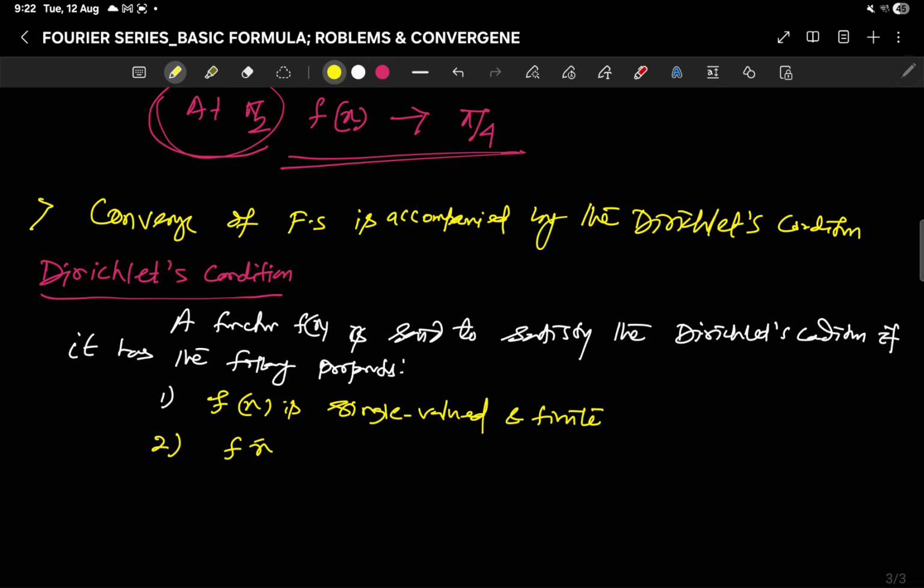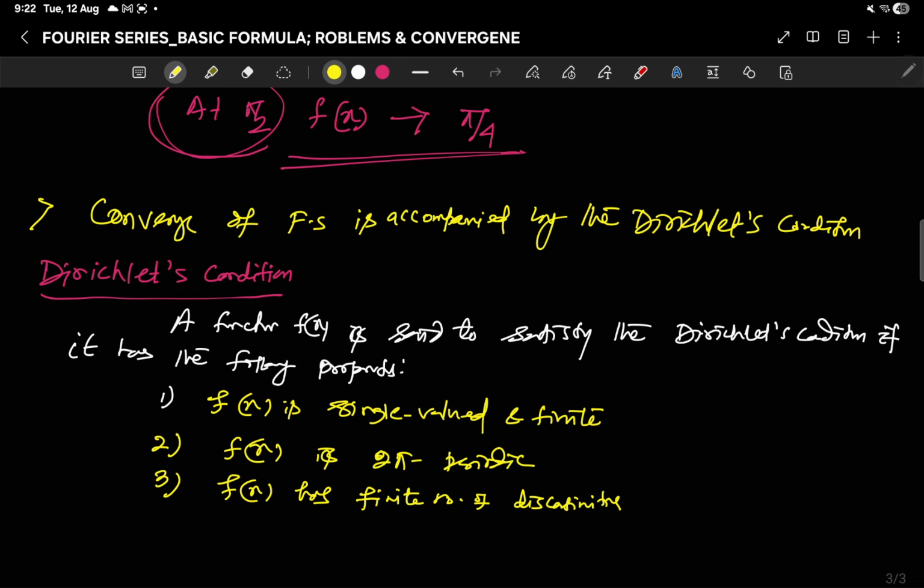Second condition is f(x) is 2 pi periodic, right? Third condition is f(x) has a finite number of discontinuities. Suppose f(x) is single valued and finite in a given interval, say in general c to c plus 2 pi, whatever it may be.